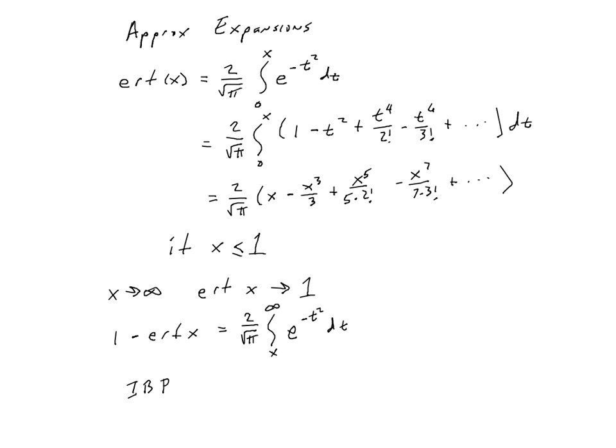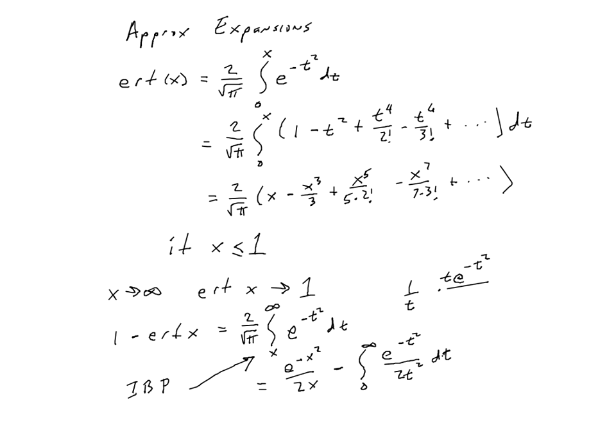And so when you use integration by parts on this guy, what you end up with is e to the minus x squared over 2x, minus the integral from 0 to infinity of e to the minus t squared over 2t squared dt, where my two parts here, obviously, one part is like 1 over t, and the other part is going to be e to the minus t squared times t, or something like that.